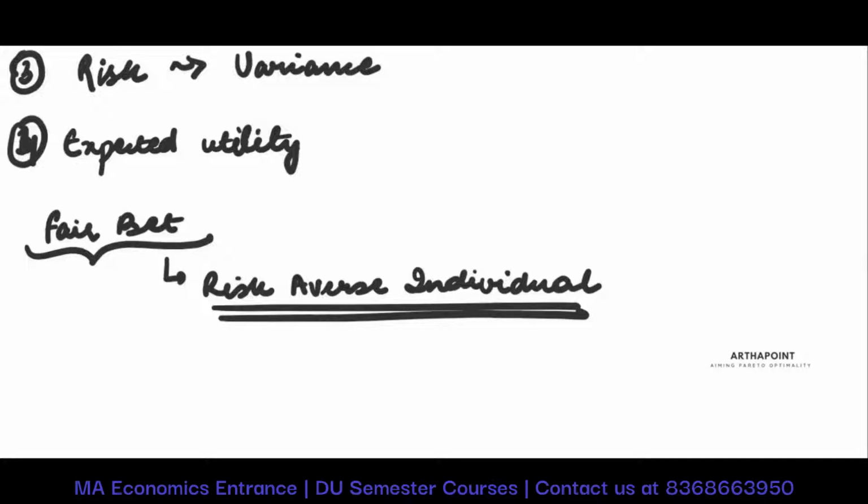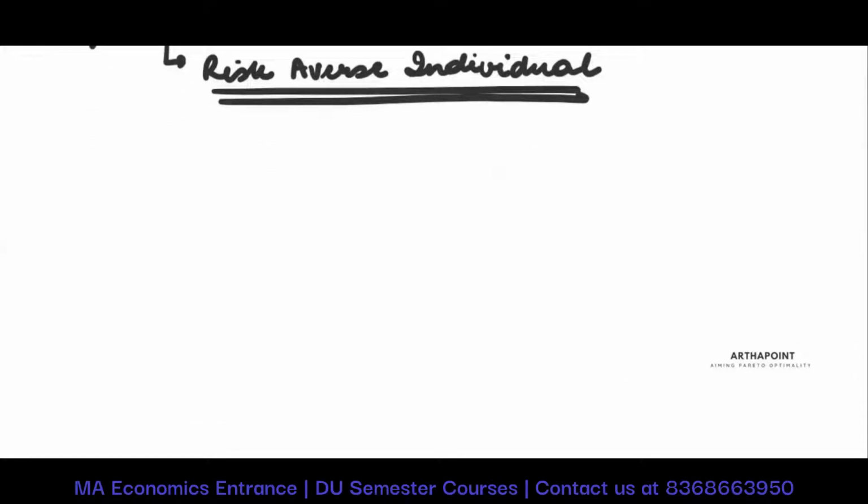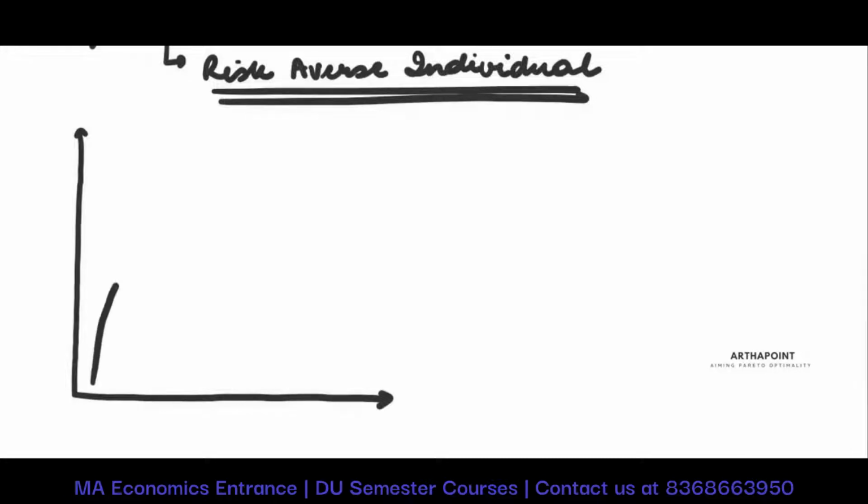So let's first understand the utility function that we had drawn in case of a risk-averse individual. This is the utility function that we had drawn for a risk-averse individual. What we had said is, let's suppose that I'm marking wealth here, and I'm marking utility of wealth here.